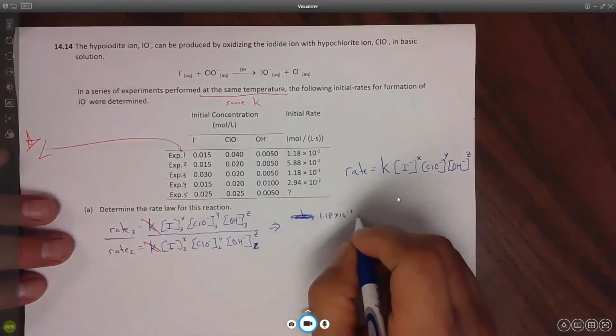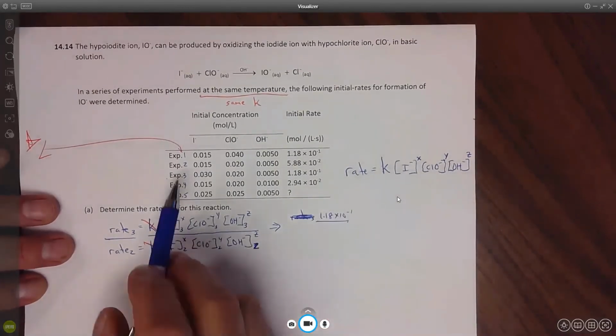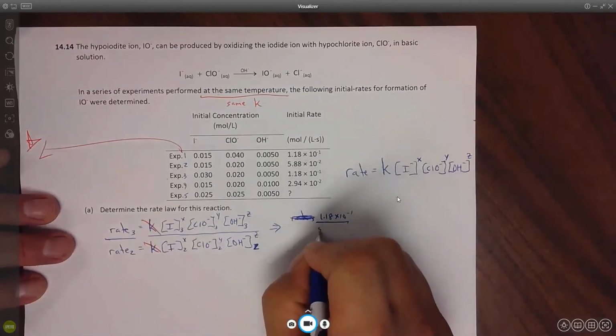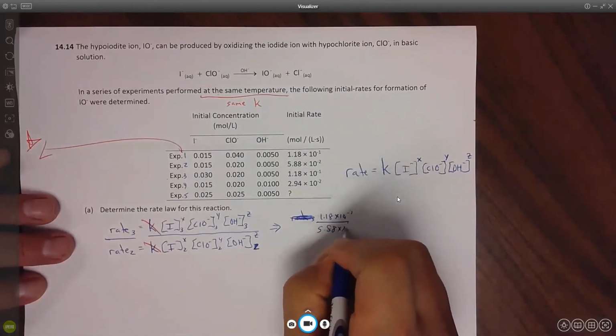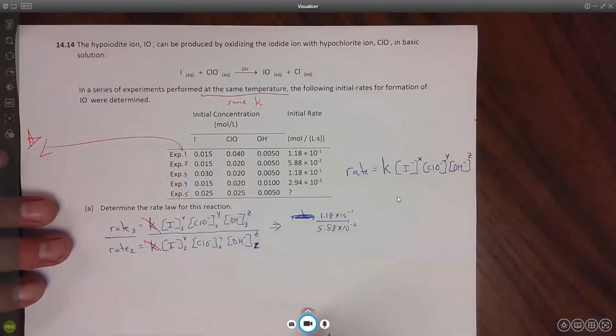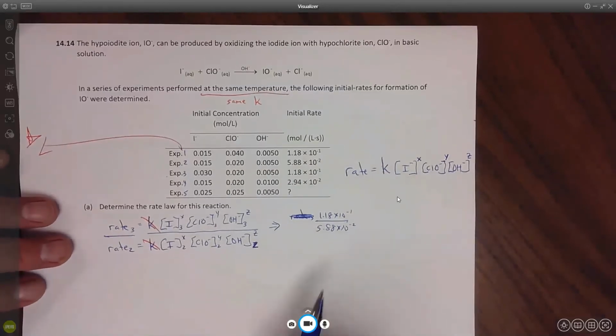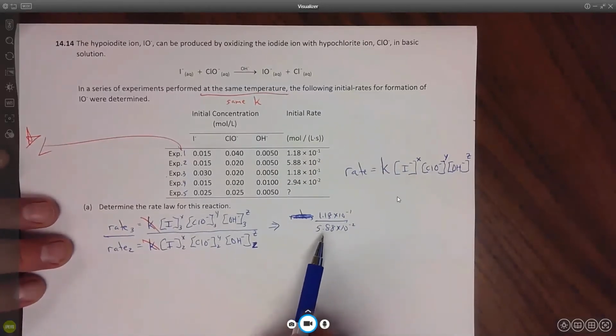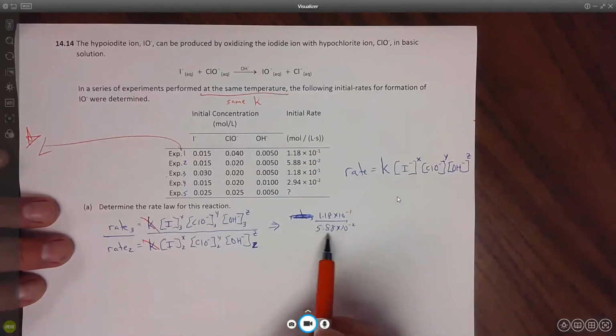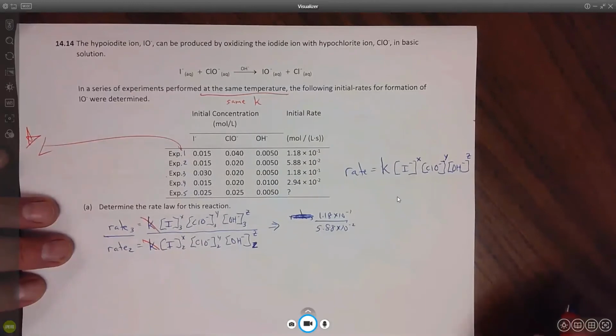Then we had the rate of 2, that was 5.88 times 10 to the negative 2. It might be easier to think of this as to the negative 1. And if it was negative 1, what would I write this as? You've got to get comfortable with scientific notation.